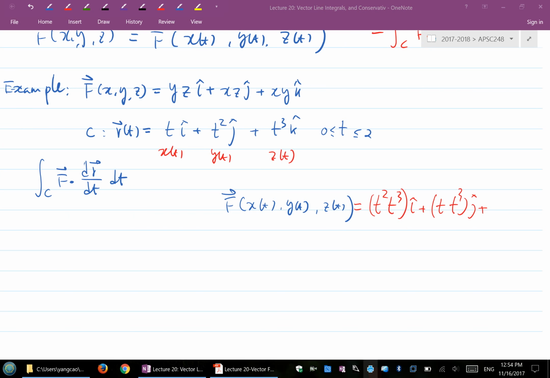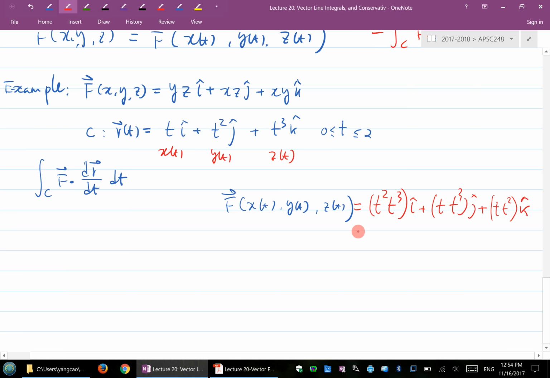Last one, replace the x with t, replace the y with t squared. That's the vector field F at the different locations along the curve C.